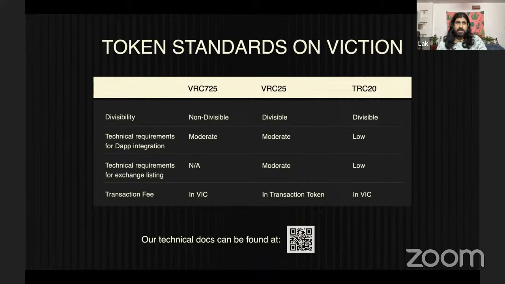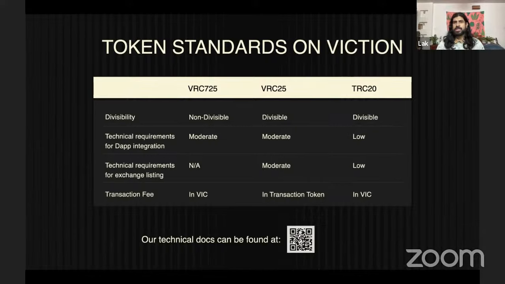So the TRC20 token is a digital asset built on the Viction blockchain under the TRC20 standards. These standard tokens are fungible, meaning they're interchangeable and also can be divided into smaller units like VIC. So as a developer deploying a new TRC20 token, you can choose the parameters such as token name, symbol, and total supply, a lot of that sort of stuff you'll find in the docs.